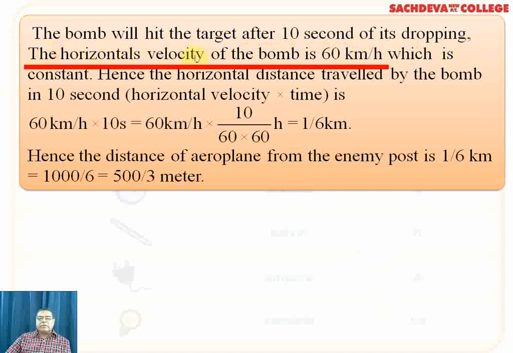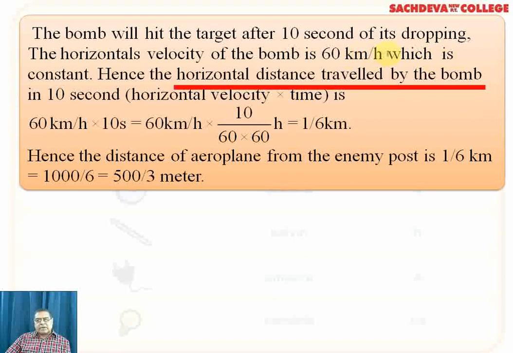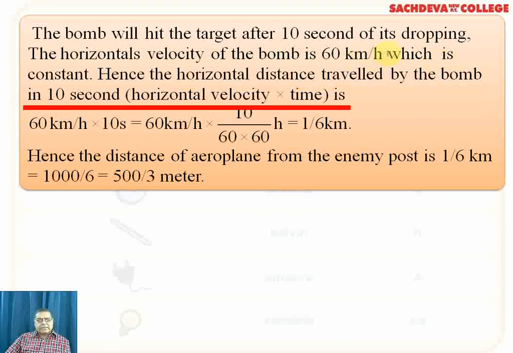The horizontal velocity of the bomb is 60 kilometers per hour. Converted to meters per second by multiplying by 5 over 18, the horizontal velocity of the bomb is constant. Hence, the horizontal distance traveled by the bomb in 10 seconds is equal to the horizontal velocity multiplied by time.